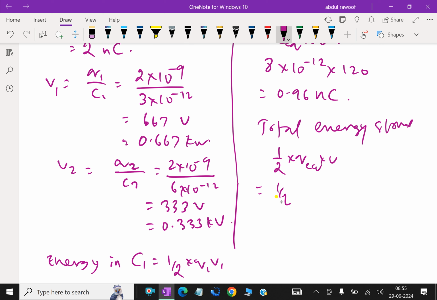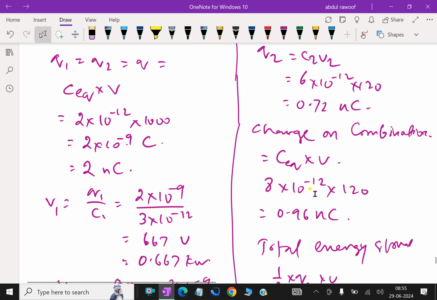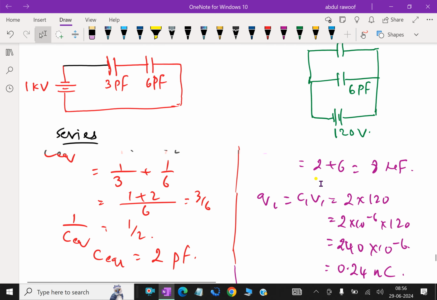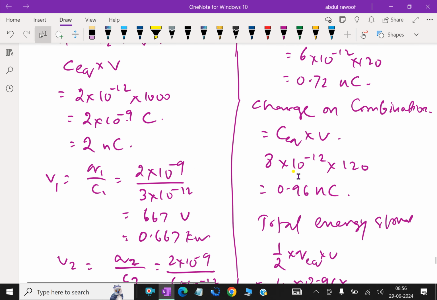What is Q equivalent? 0.96 into voltage 120.